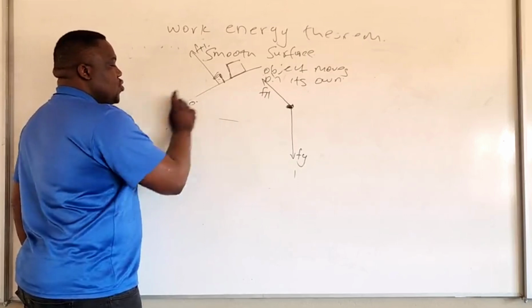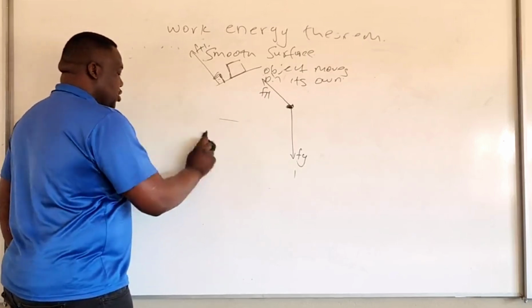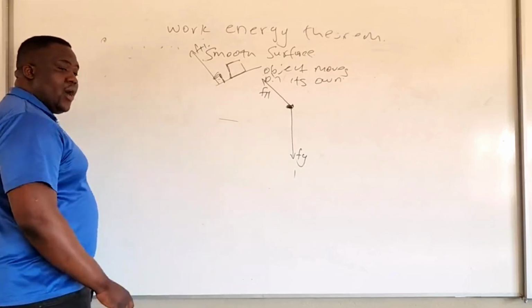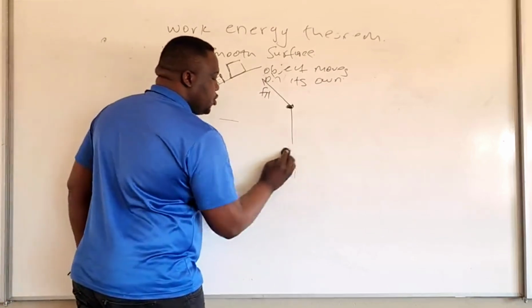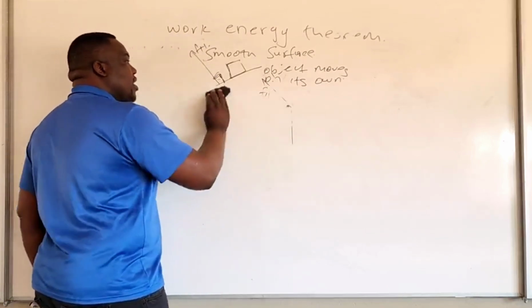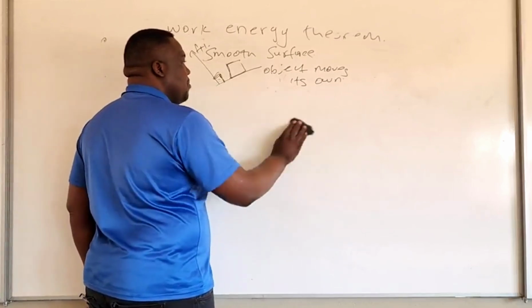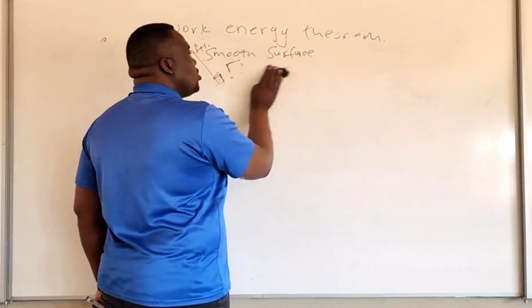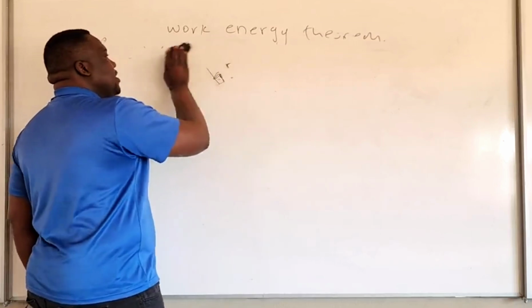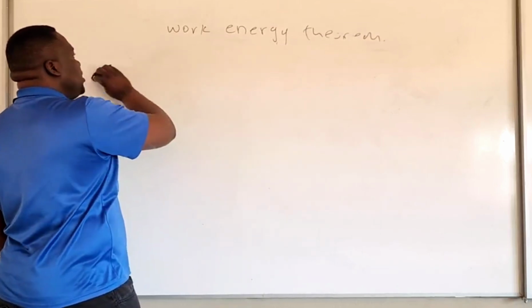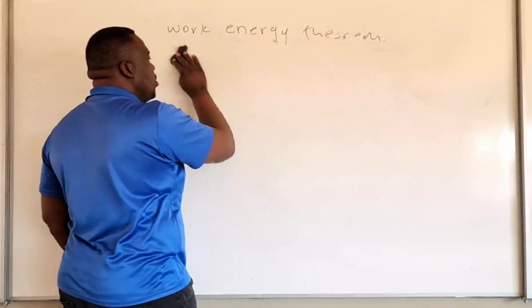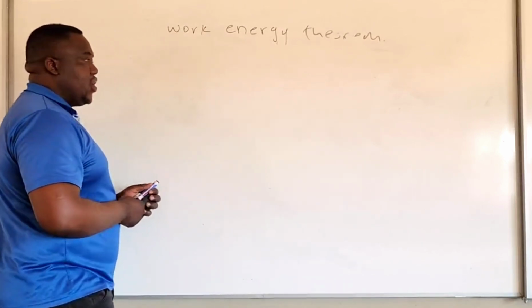I'm going to give you a puzzle by working out a question with you to make you understand the work energy theorem even more. So the work net is the work done by all the forces that are acting on an object.